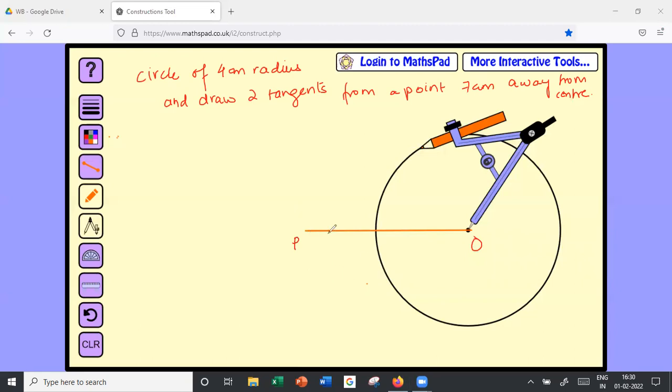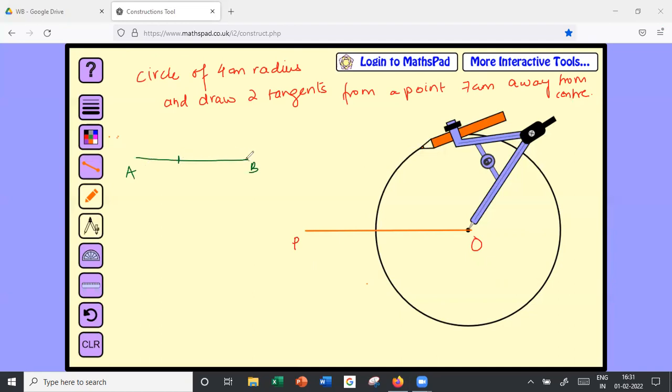Okay, now once you're done with this, you need to make a perpendicular bisector of line OP. I don't know if you remember how to make a perpendicular bisector, but here is a short version of how to make one for any line. If this is your line AB, you take your radius on the compass a little bit more than half of AB.